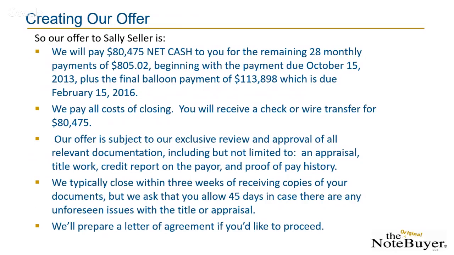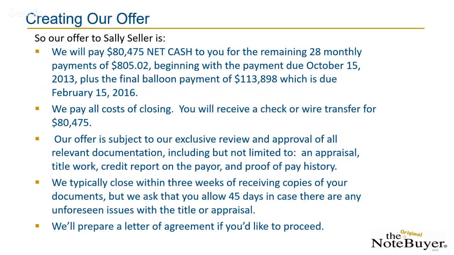Okay, so this is what our offer is going to look like. Once again, just as I said in our procedures on the last slide, we're going to say we will pay $80,475 net cash to you. What does that mean? That means you're getting cash and there's going to be nothing else taken out.